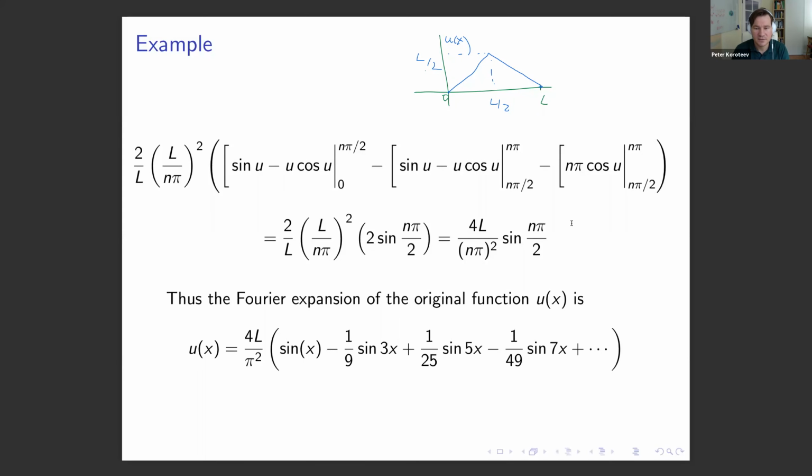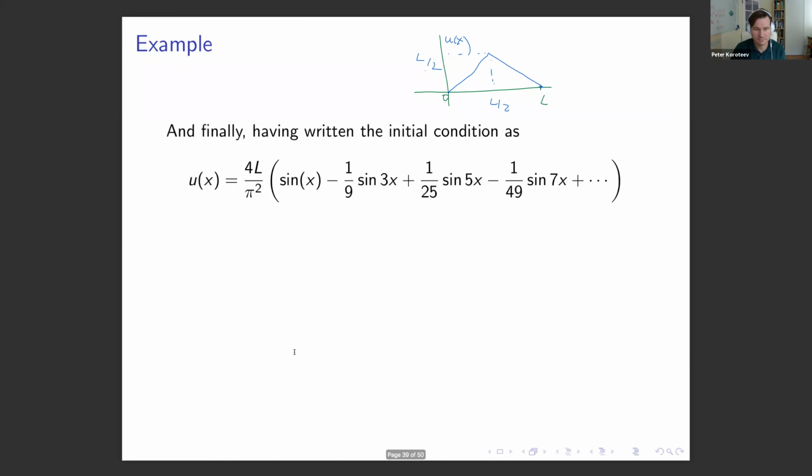So the Fourier expansion of the original function u of x is therefore given by this formula. We have sine x, sine 3x, sine 5x, sine 7x, with coefficients 4L over pi squared. And finally, we can write the initial condition as such.